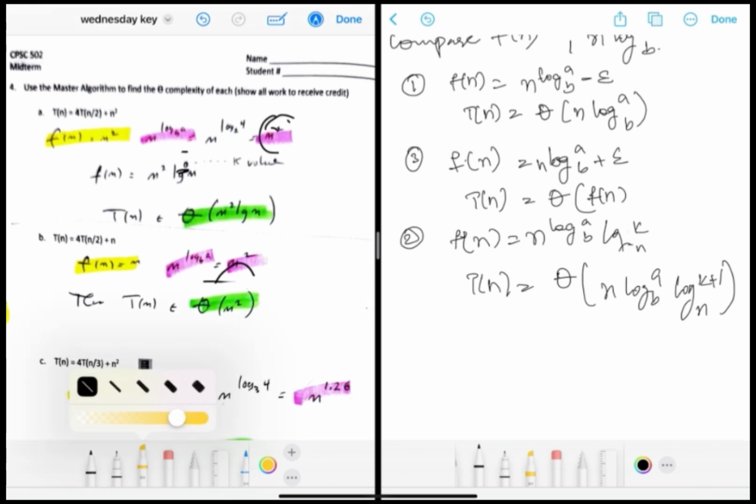So the first question is T of n is equal to 4T of n by 2 plus n square. Let's write this down here itself.